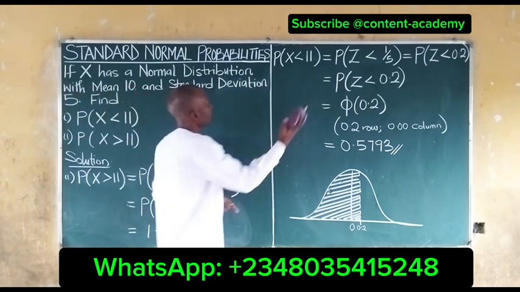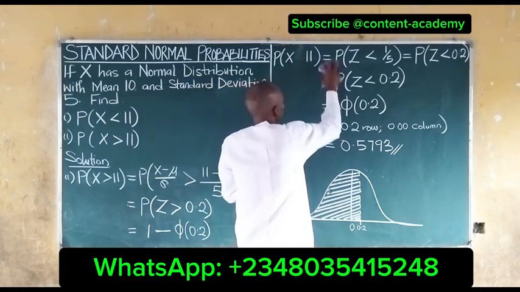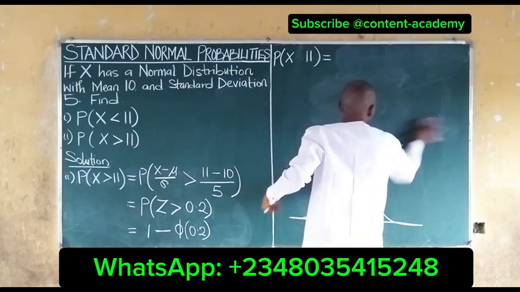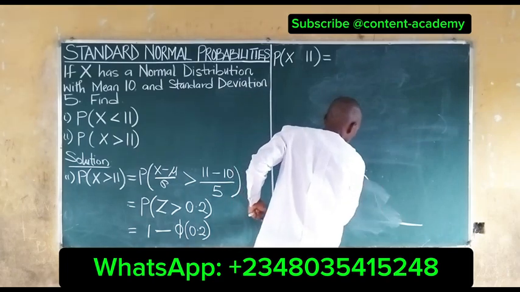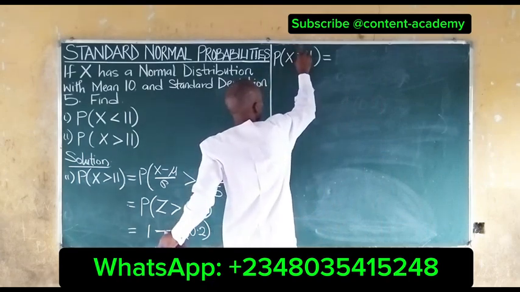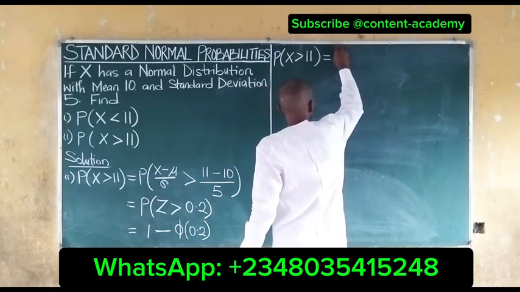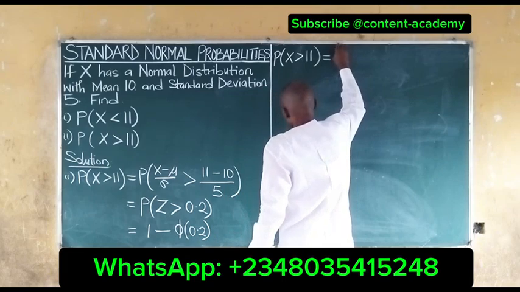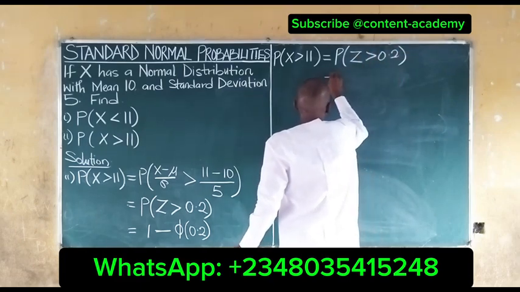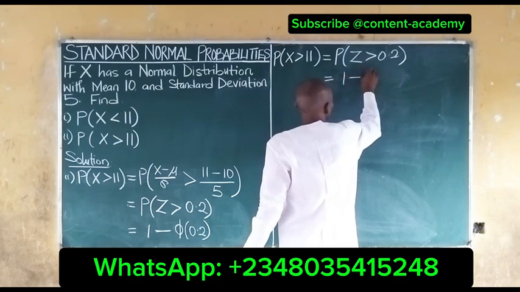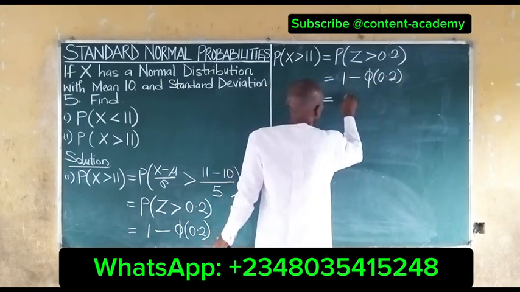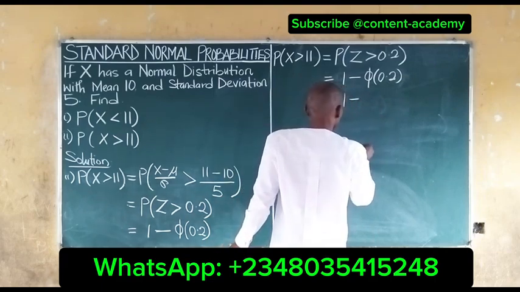We move over to this side of the board. We can write our probability as the probability of z greater than 0.2, which is 1 minus the standard normal value at 0.2.